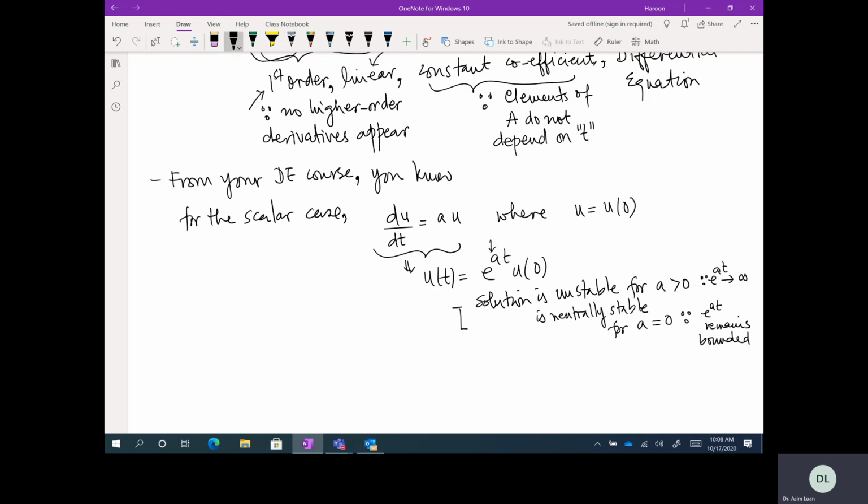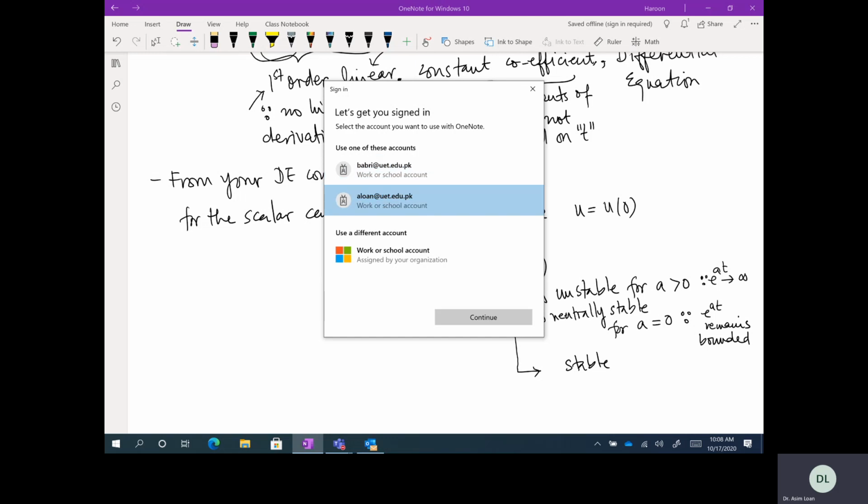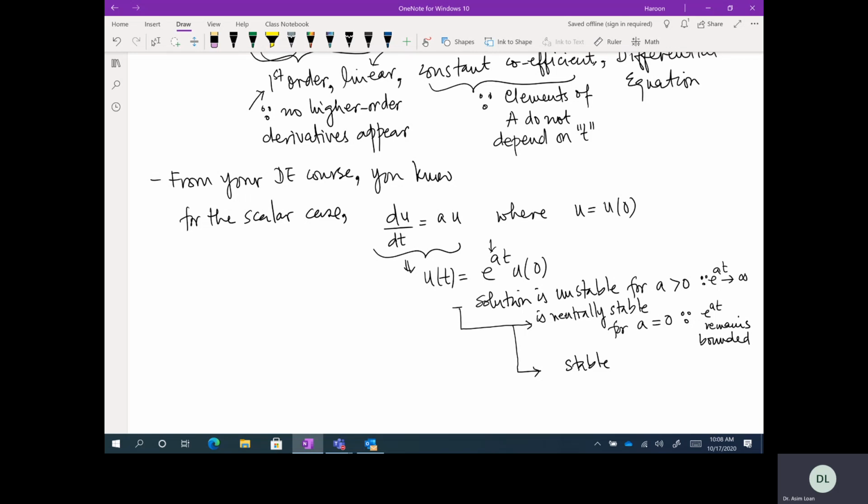And finally, the solution is stable for a less than 0, because e^(at) approaches 0 as t tends to infinity. Okay.